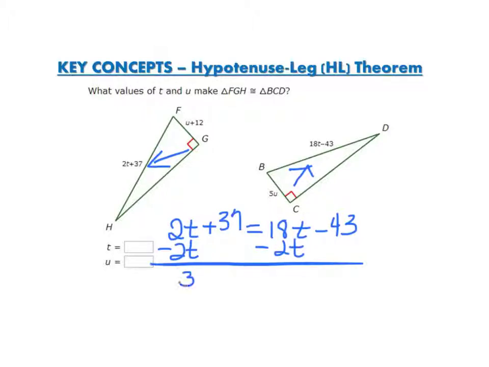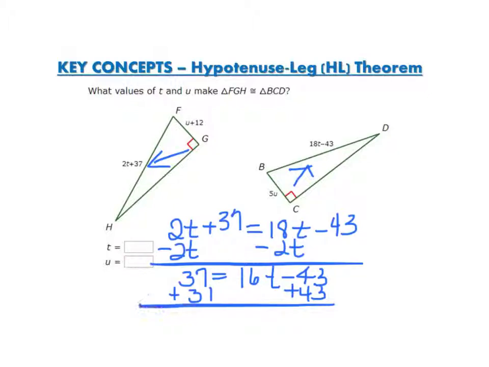That gives me 37 equals 16T minus 43. I add 43 to both sides, and I get 16T equals 80. When I divide both sides by 16, I get T equals 5.